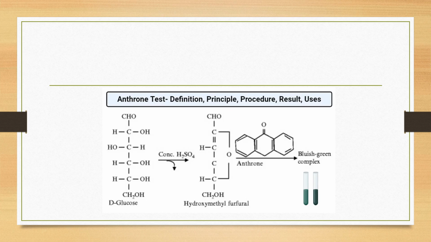Okay, this is the equation, this is the reaction. We have here the glucose, and then we add the sulfuric acid. Sulfuric acid takes water, so this results in hydroxymethylfurfural. Hydroxymethylfurfural comes from glucose because it's a hexose. That means glucose has 6 carbon atoms.